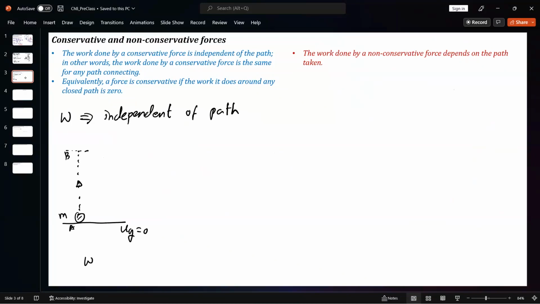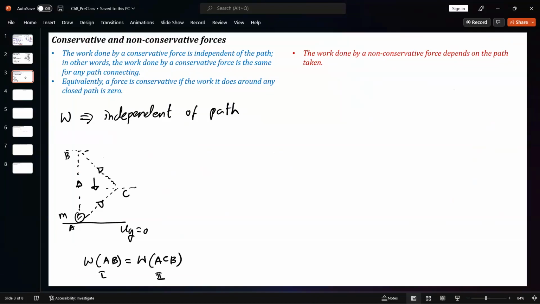Then I calculate the work done along path AB due to gravitational potential energy, and I get some number. Then I can bring the object along a different path. Let's bring the object initially from A to C, then from C to B. If I calculate the work done due to gravity along path ACB, path 2, the work done by gravity is actually the same as path 1, because gravity is always in the downward direction.